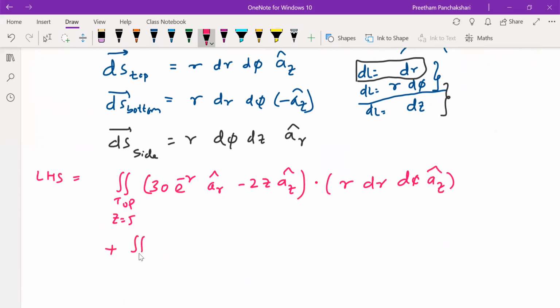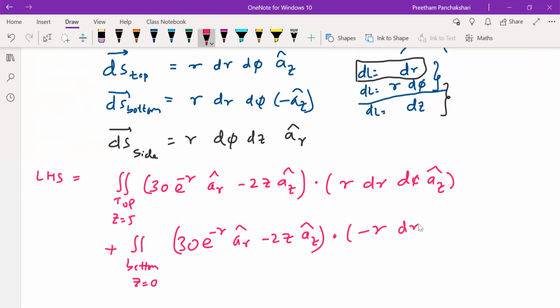Similarly, the integration over the bottom surface, over which z is 0, can be written with the same vector, 30 e power minus r a cap r minus 2z a cap z, but here we will have the negative z direction over the bottom surface.